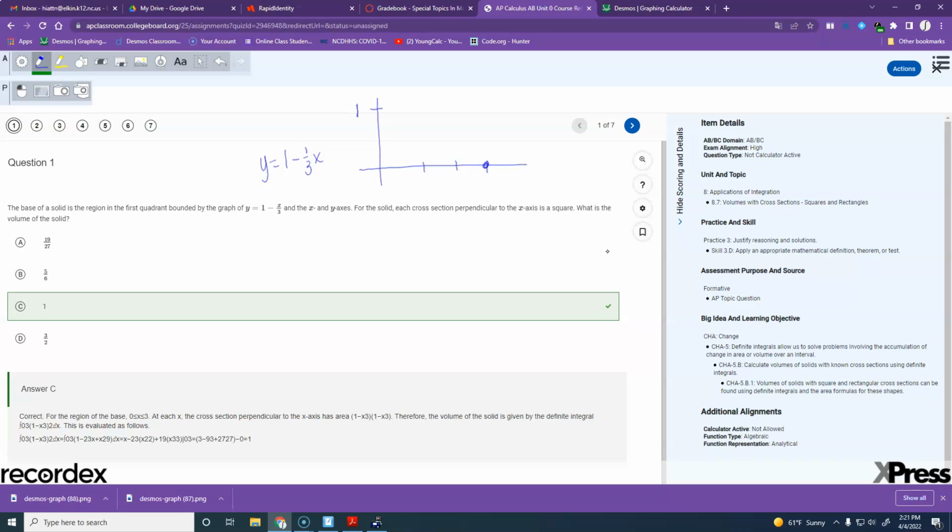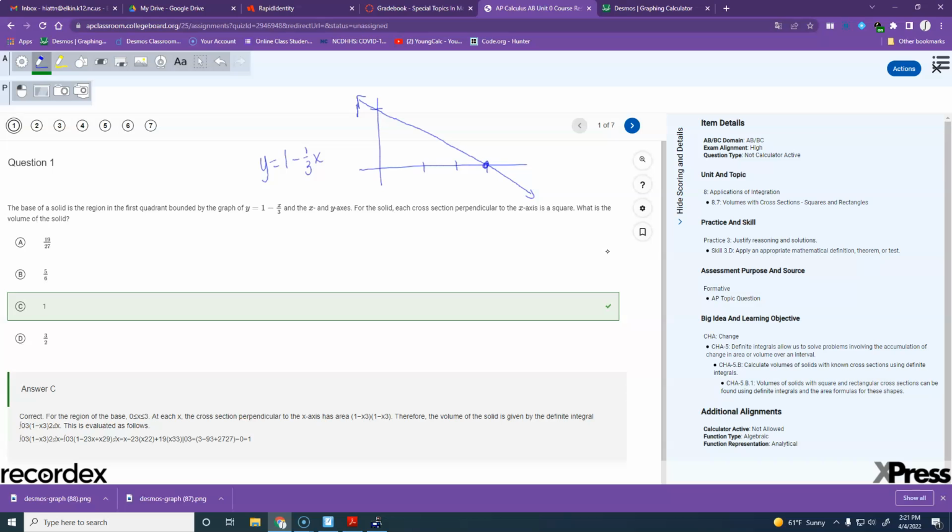So you would just have a line that looks like this. So we're looking at this area right here as our base.